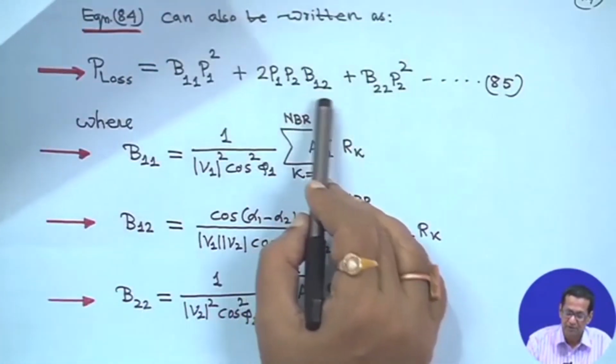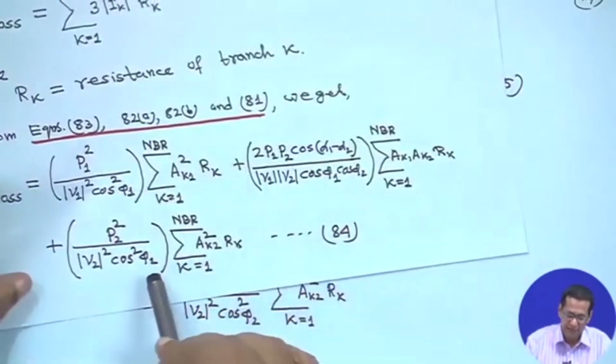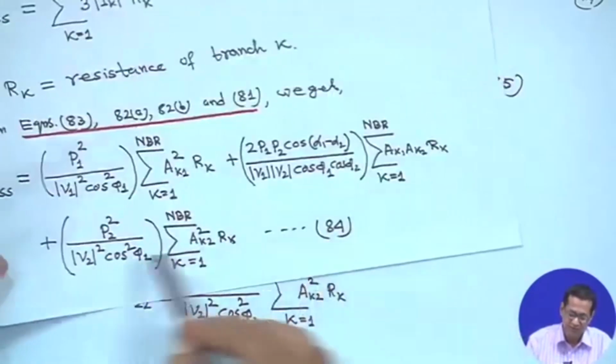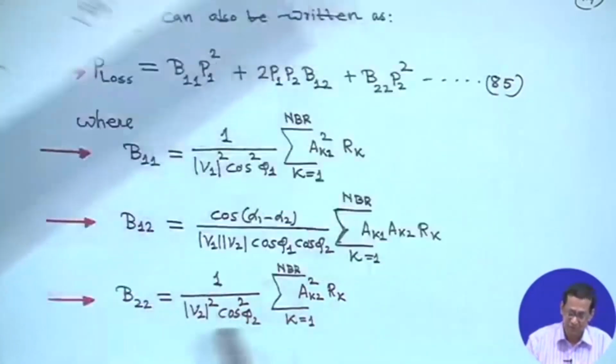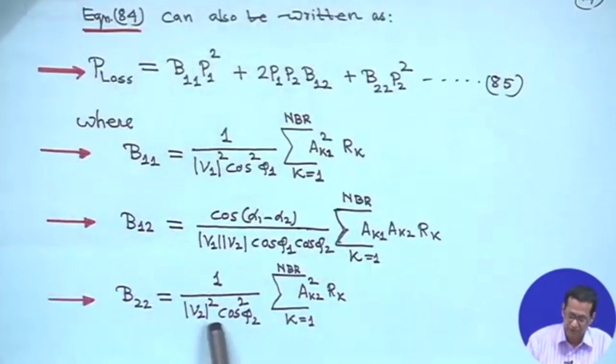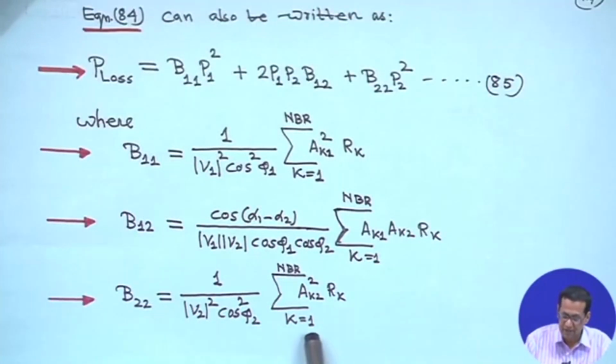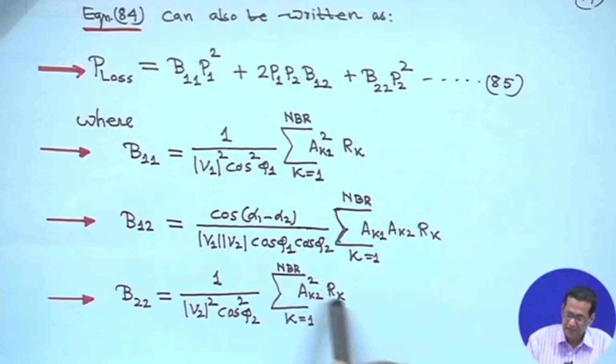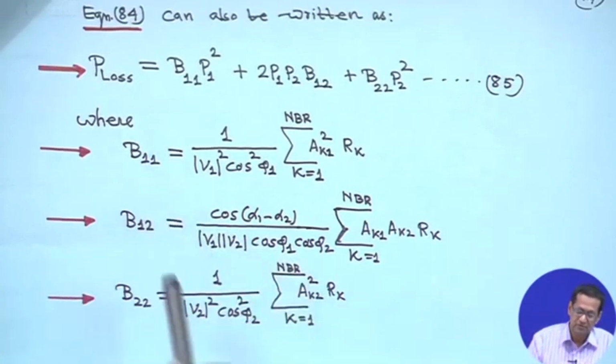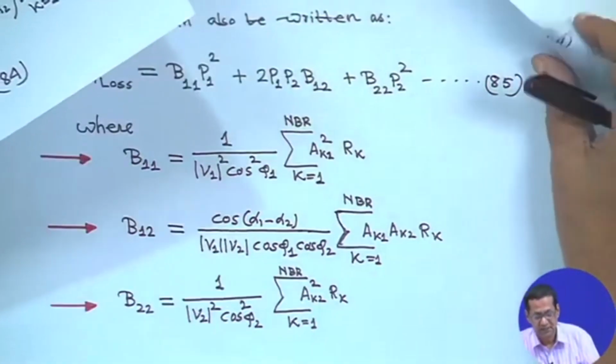So, 2 P1 P2 B12, and the third term is B22 P2 square, that means the coefficient of P2 square, that is B22 is equal to 1 upon V2 square cos square phi 2 sigma k is equal to 1 to nbr a_k2 square r_k. So, this is actually called the B coefficient, right.